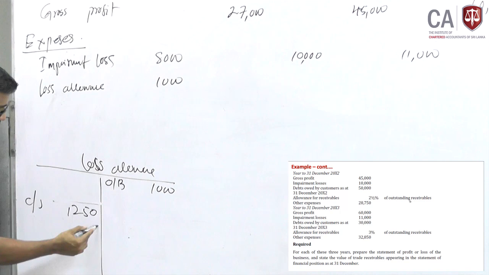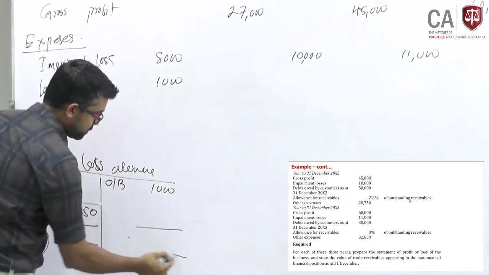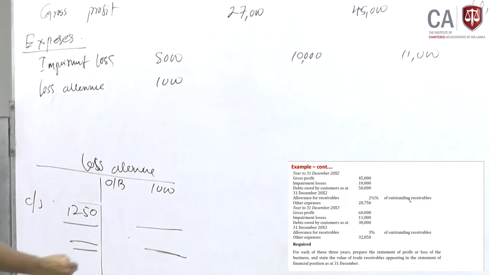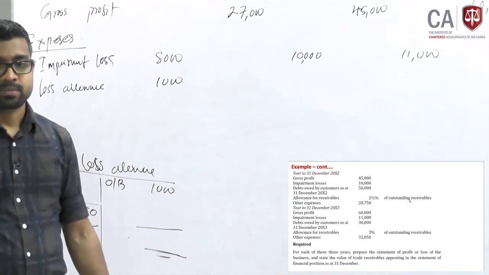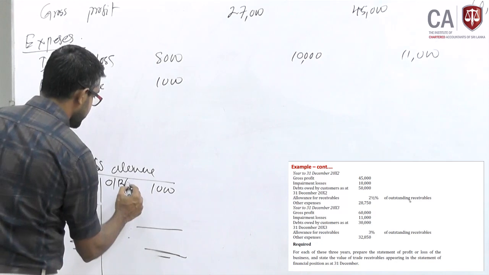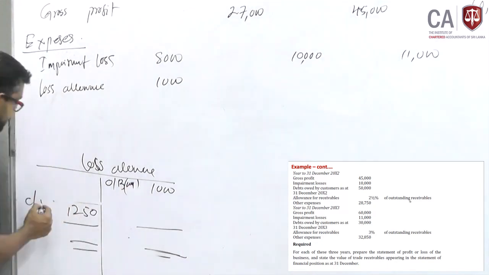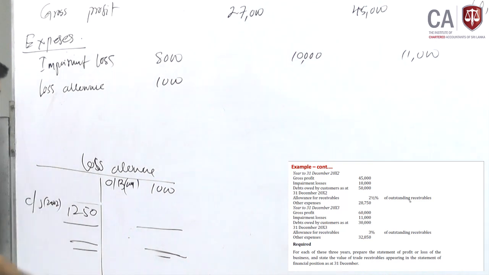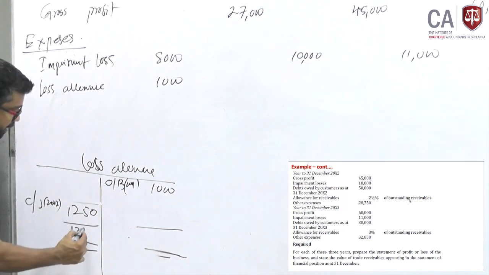This is the closing balance, right? Because at the end of the second year, 2002, this is the 2001 closing balance. So this is 2002, right? 1,250.